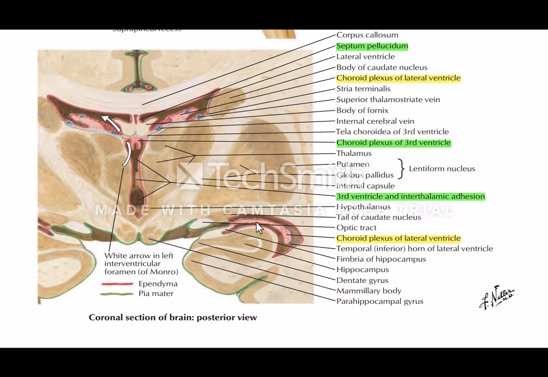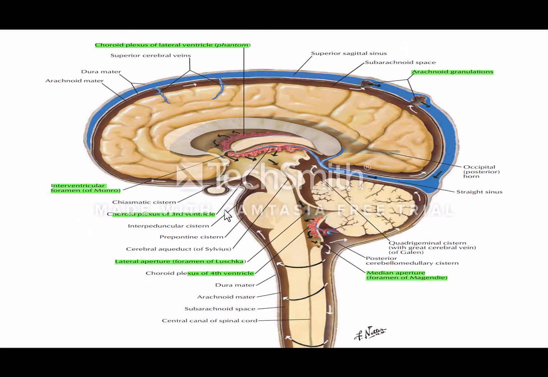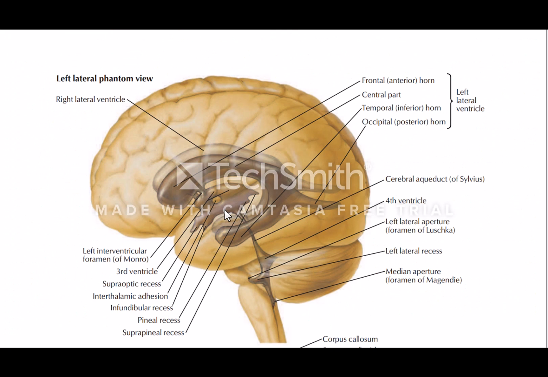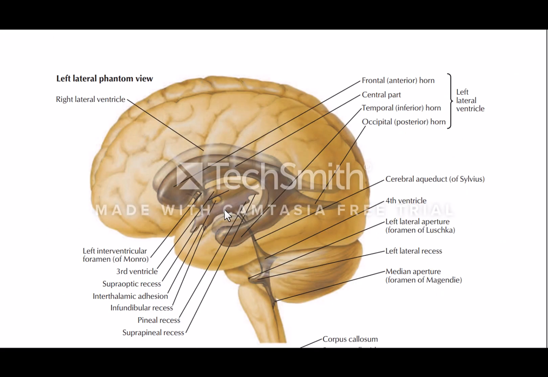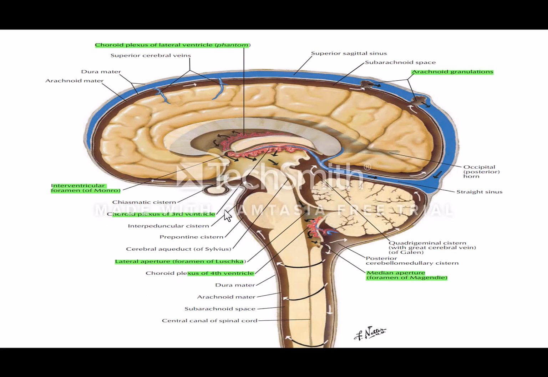So don't be amazed that you can see some parts of the lateral ventricle there, and also at the top. I think we've been able to do some quick revision on what the gross anatomy of the ventricular system of the brain looks like.